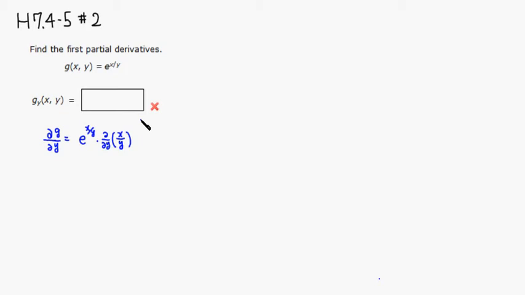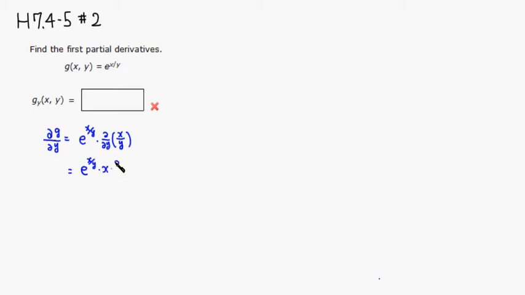Right? So if you don't like the way it's written, we can always change it to, say, e to the x over y. Right? Then x is just a constant, so we can just put it outside of the derivative.